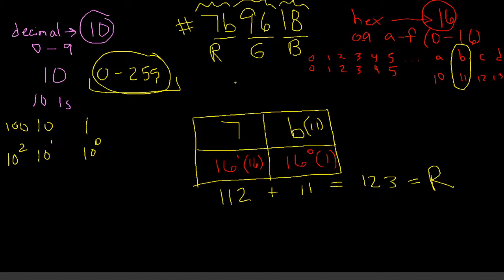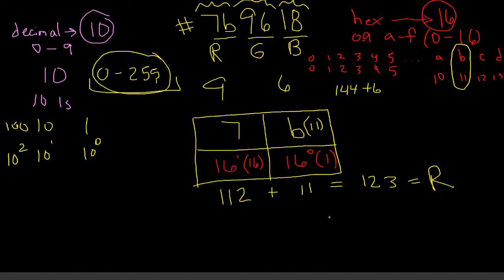If we look at our green light, that's 96. 6 times 1 is 6. 9 times 16 is 144. So that's 144 plus 6, that's 150.